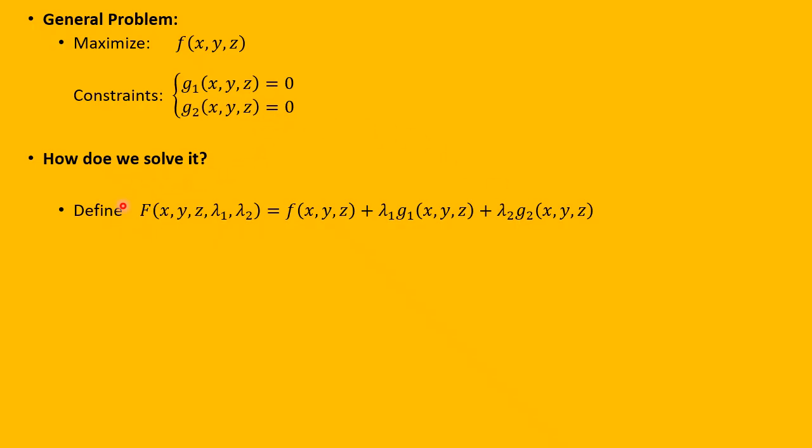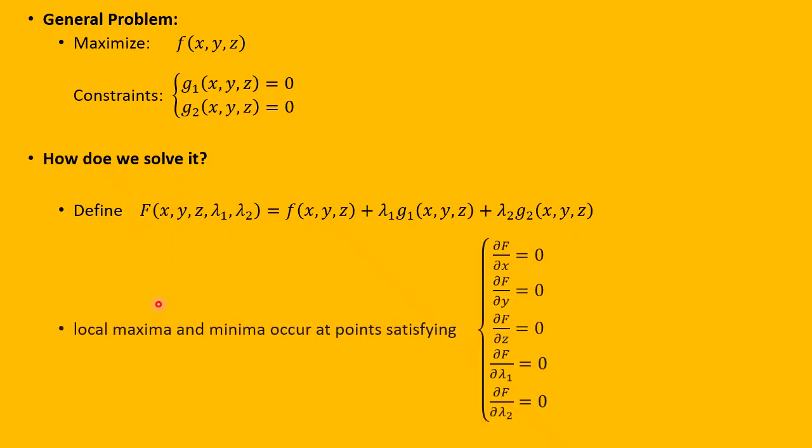So now that we have defined this capital F, what do we do with it? Well, the local maxima and minima of this function here occur at the points satisfying the following. Notice that this is a function of 5 variables, and we have 5 equations here all of which have partial derivatives on the left-hand side and 0 on the right-hand side.